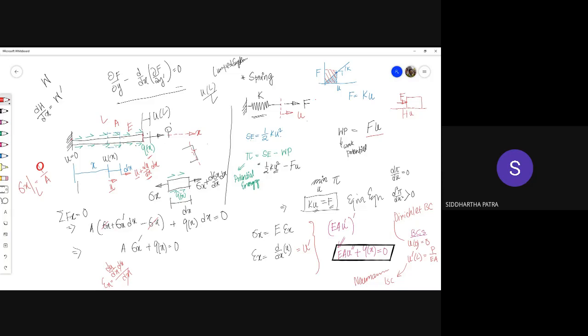Okay, but for the time being, just accept there is Dirichlet boundary condition, there is Neumann boundary condition. There would be boundary conditions where the displacement must be specified, and there would be boundary conditions where the forces are specified. Okay, actually, even if there was no forces specified, that means even if I had not drawn this arrow, okay, and written this P, that would have also been okay.